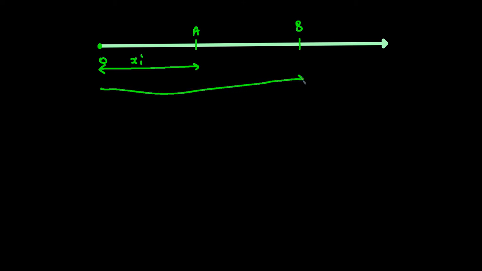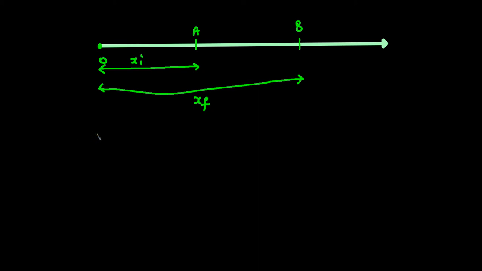So let's say this is origin O, and particle is at A. I'll say this is my initial position. From the origin it is xi. Now it traveled to point B here. So it moved from A to B, but from the origin the distance is xf.